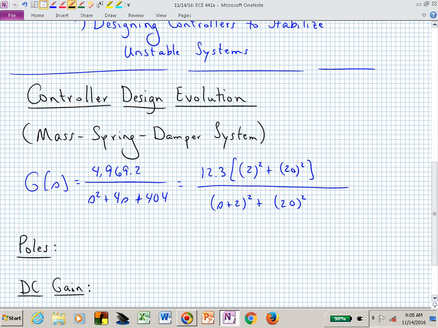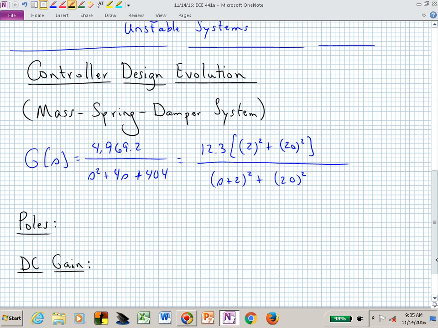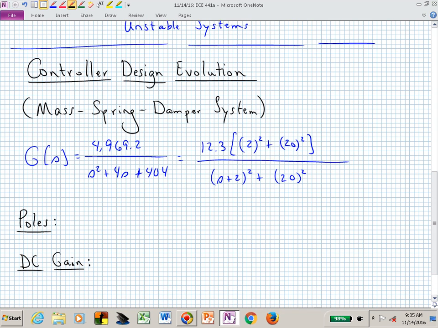That's a hypothetical or typical mass spring damper system in the lab, and now I've already given you the answer to these questions. Where are the poles located in this mass spring damper system? The way that I factored it in the rightmost expression should make that come screaming out at you.